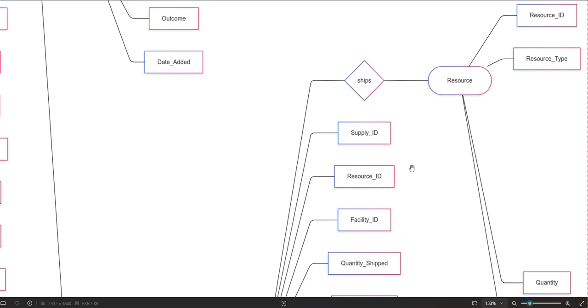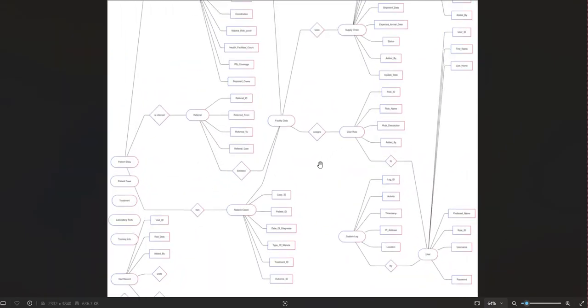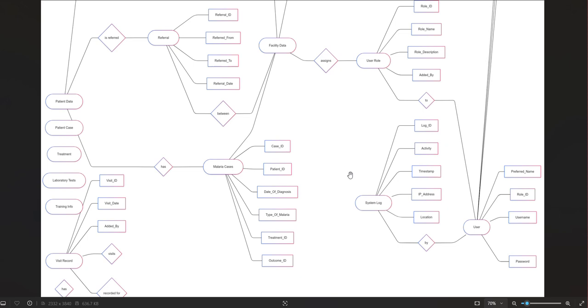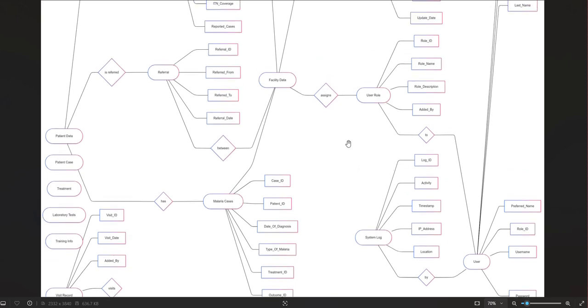This system also caters for the aspect of user security because we're handling sensitive patient information, and it is important that it is kept safe. This is done under the user role attribute, because as you can see, every user has a user role. For example, one can be a nurse, a doctor, a lab technician or a pharmacist.